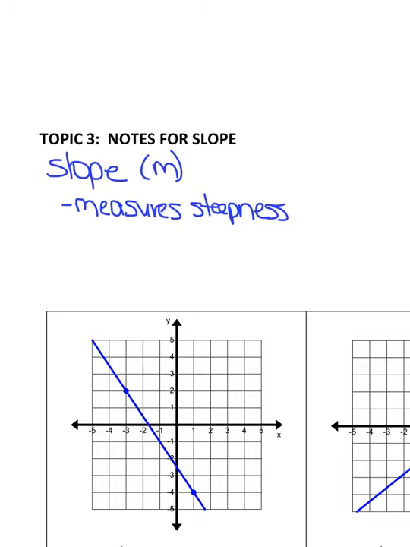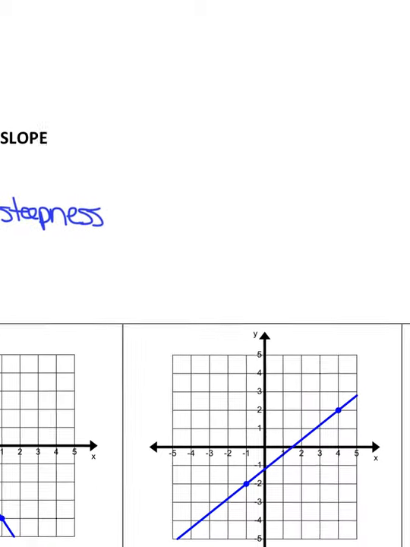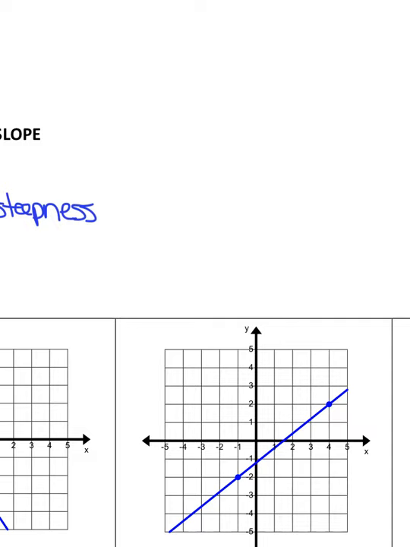And so today we're going to focus just on, from a graph, how do we find slope? I know a lot of you, whenever we do this in class, do a lot of brainstorming, so I know you know some stuff about slope. You might have heard of slope called the rise over run, right?